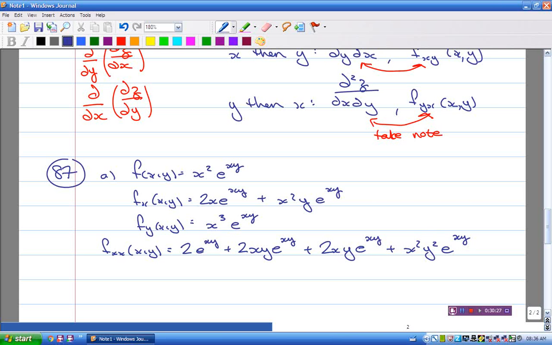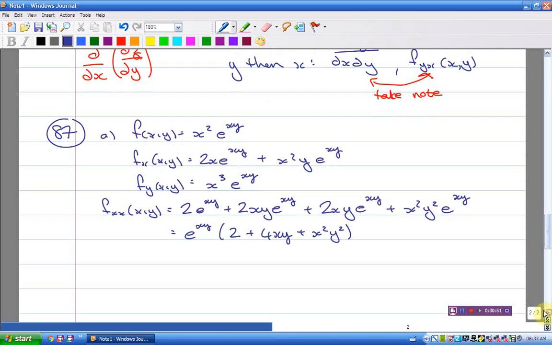Yes, I believe that's correct. You could take the e to the xy out as a common factor. In fact, let me do that because it does tidy it up a little bit. Two of the terms are actually the same, so I can add them together. There we go. There's my xx derivative.